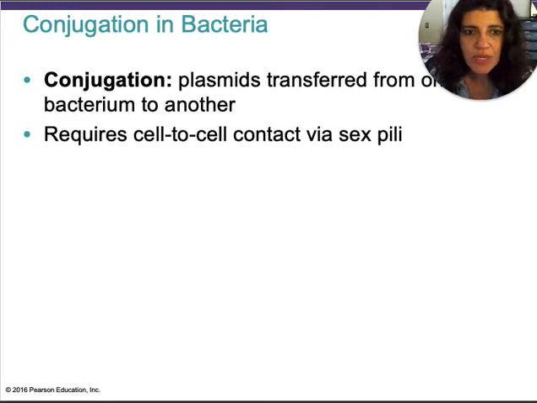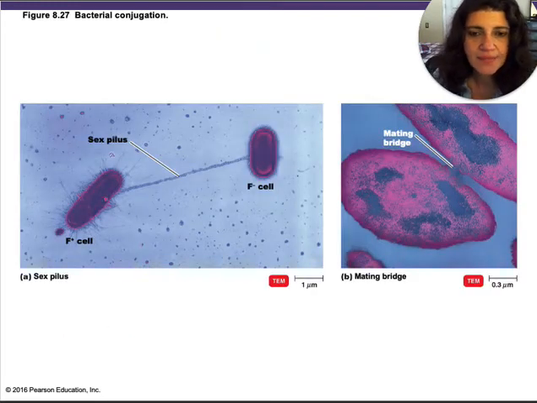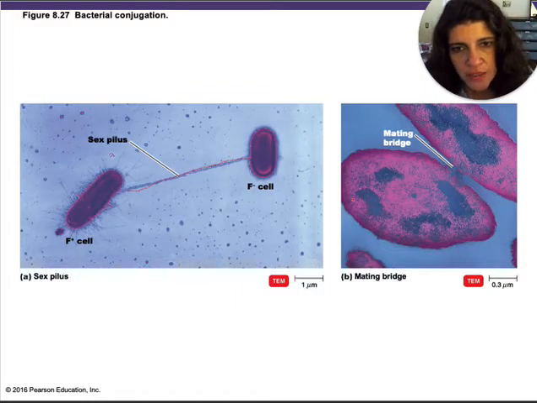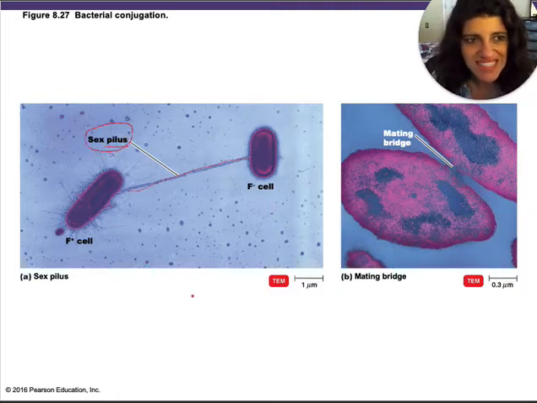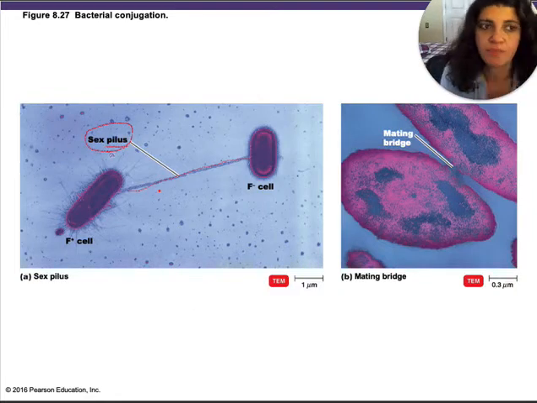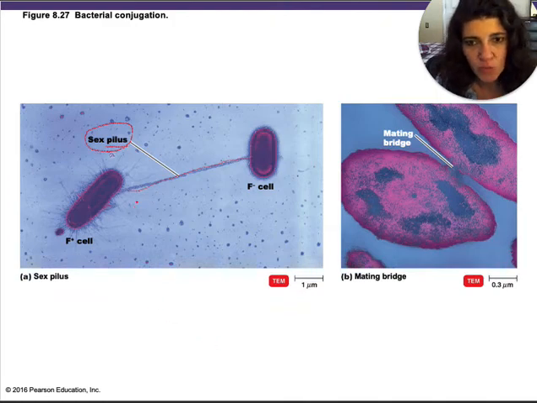Conjugation. Conjugation is like a kiss. Look at that. This is what we learned. Remember when we learned in chapter 4 that this is what we call pilus or pili? So a sex pilus or pili, plural, because bacteria can have more than one, makes a bridge.